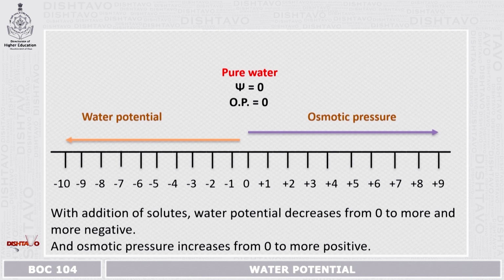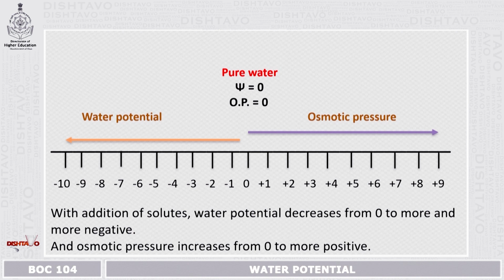Suppose there is pure water. Again, water potential will be equal to 0. So if the water potential is 0, osmotic pressure is also 0 because there are no dissolved solutes here. Suppose solutes are added to the pure water, then the water potential will start decreasing.